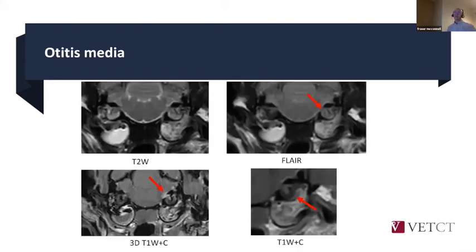So that said, many cases are straightforward, and this is a fairly classic example of what we see in a classic otitis media interna. So clearly we have no trouble identifying abnormal contents of both middle ears. But I think probably the key thing to note here is that, as Elsa eloquently described earlier, middle ear pathology on its own shouldn't really cause vestibular signs, and therefore it's critical that we're assessing the inner ear structures and the cranial nerves.